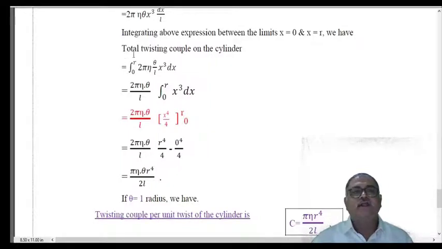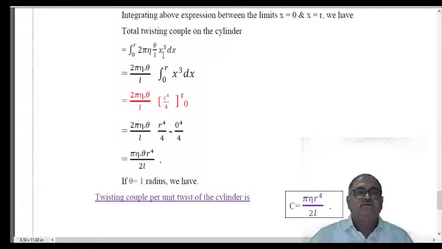For getting an idea about the total twisting couple acting on the cylinder, we have to integrate the above expression between the limits x equals 0 and x equals r. See friends, here 2 pi eta theta by L, x cube into dx between the limits 0 to r.